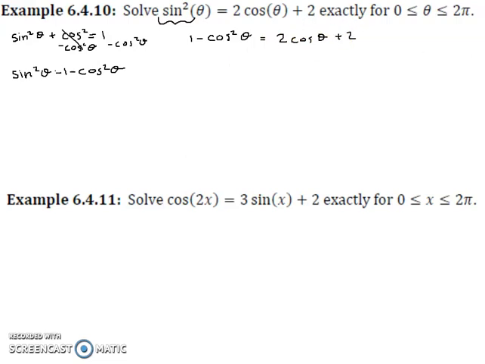Now the reason that I did this is so that I have everything in terms of just cosine. So I'm going to move everything over to the right hand side since I see that this does take the form of a quadratic. So I'm going to want 0 on one side. So I have 0 is equal to, I'll put my positive cosine squared of theta first. Then I have a positive 2 times the cosine of theta plus 1.